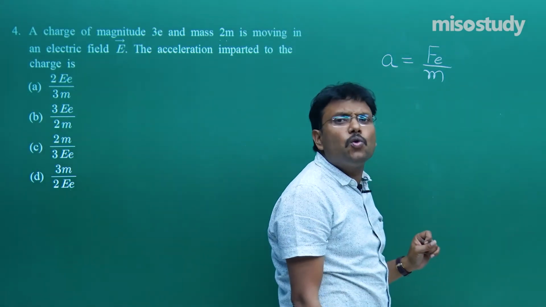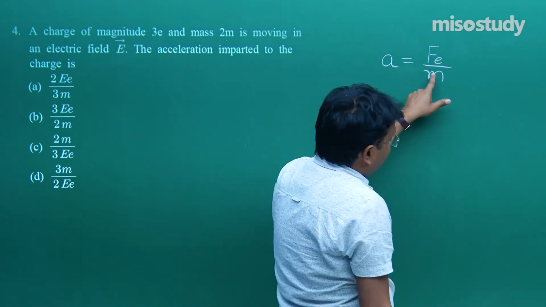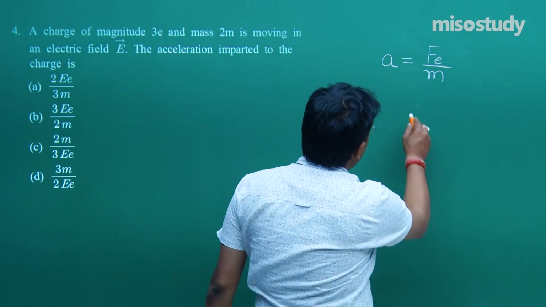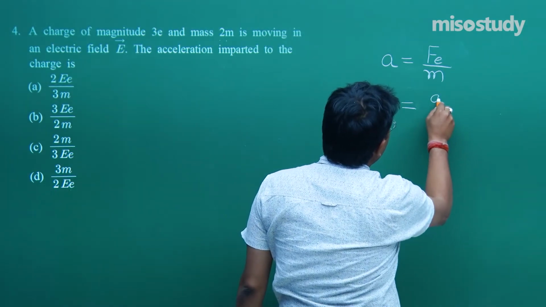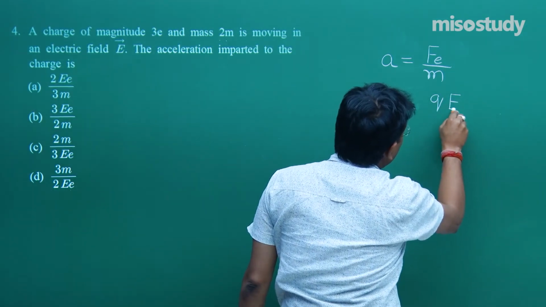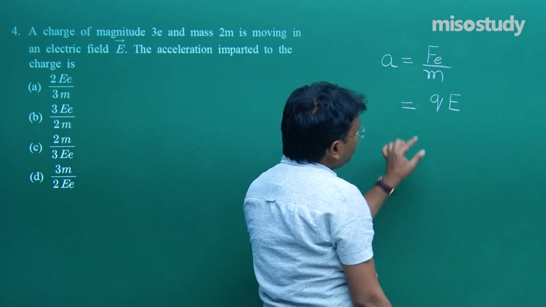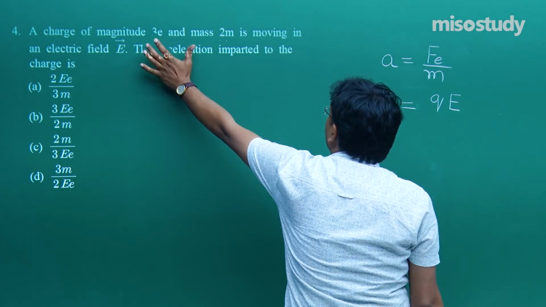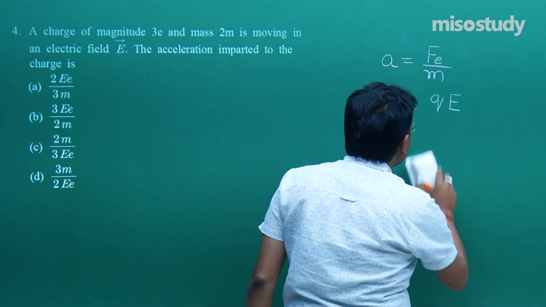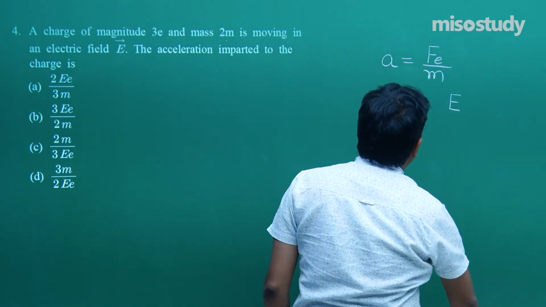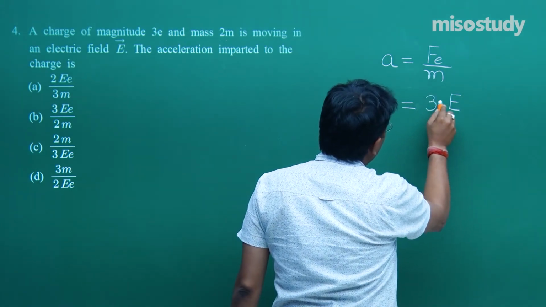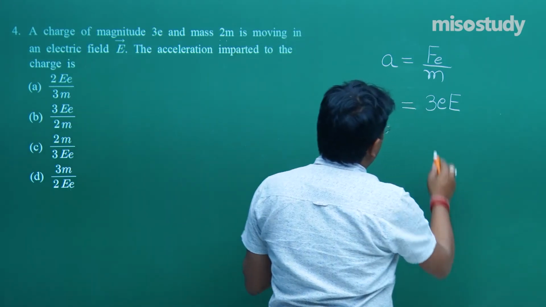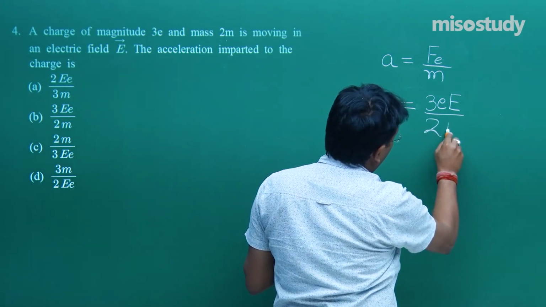Fine. Over here there is no role of gravitational force. So that's why I gave this specific value. Now Fe means what? Fe means QE. Yes. What is the value of Q in this problem? The value of Q, students, is 3e. Fine. So let's say rather than Q we will use 3e. Fine. And what is the value of mass? Oh my God, so simple.